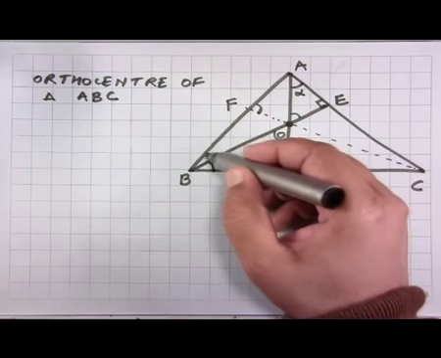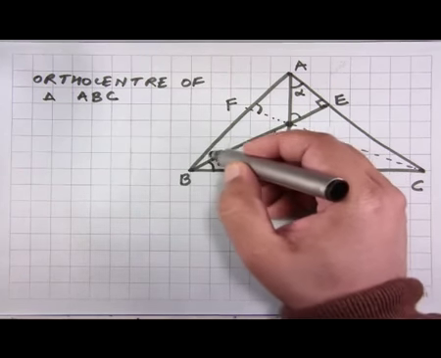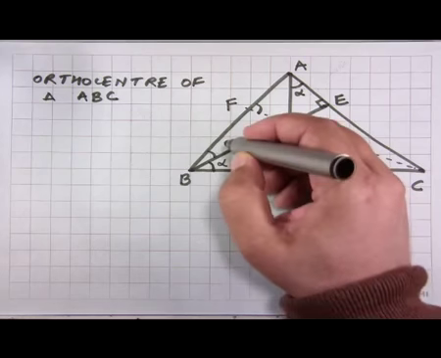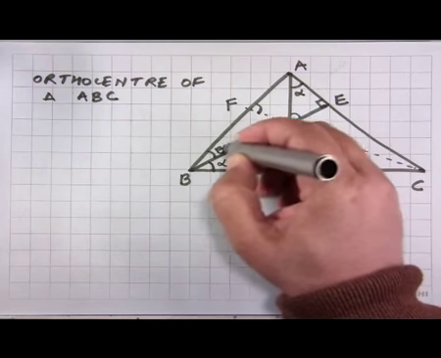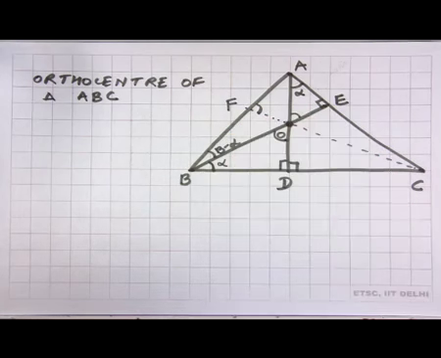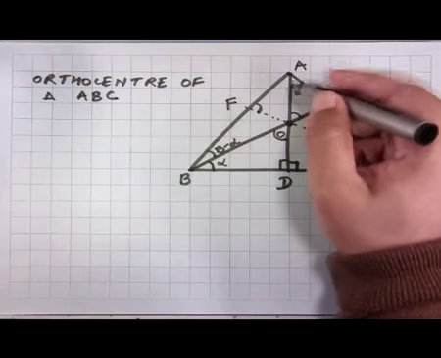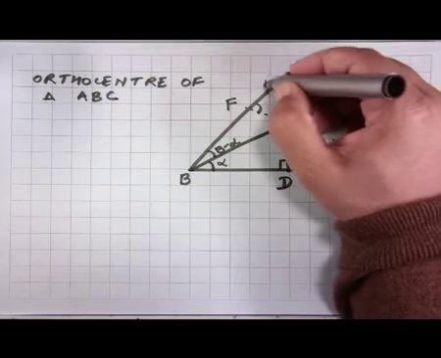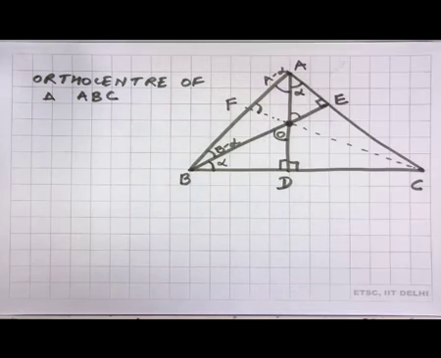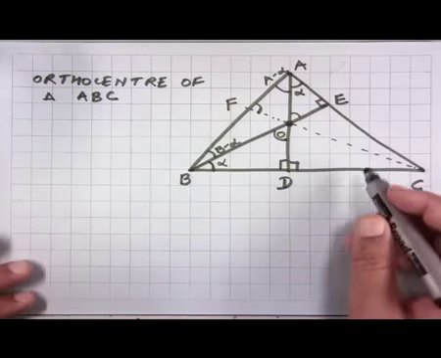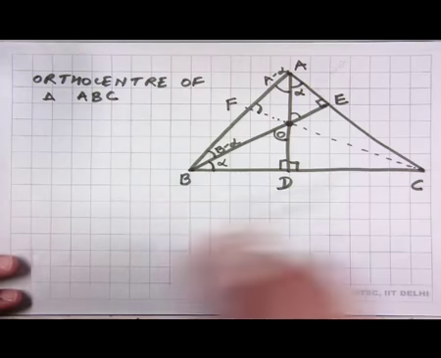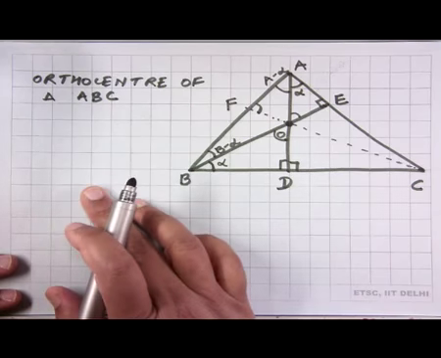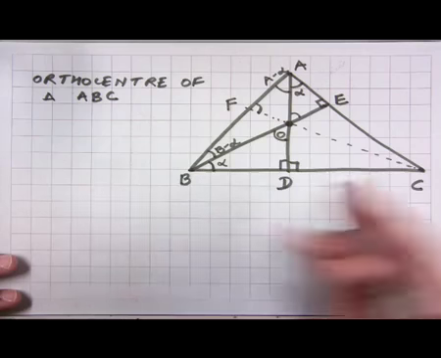Then of course, because this entire angle is equal to B, this angle has to be B minus alpha. Similarly, because this entire angle is A, this angle has to be A minus alpha.